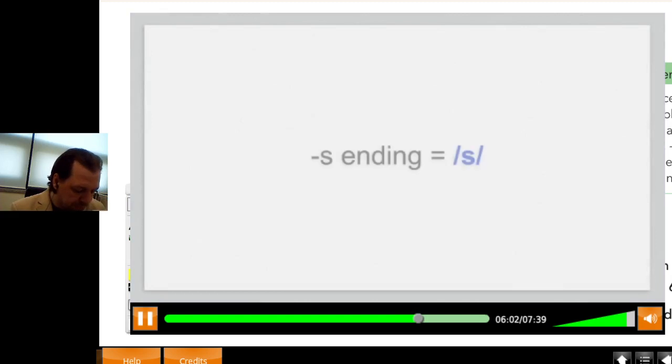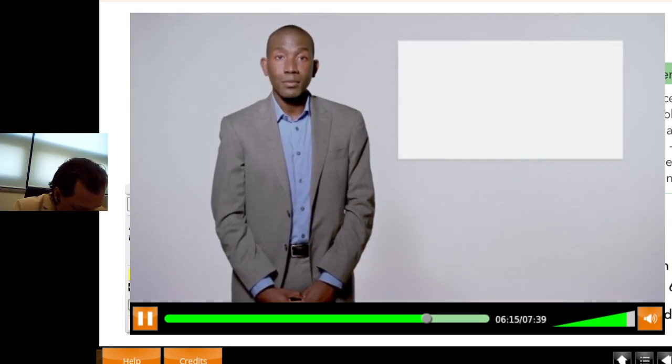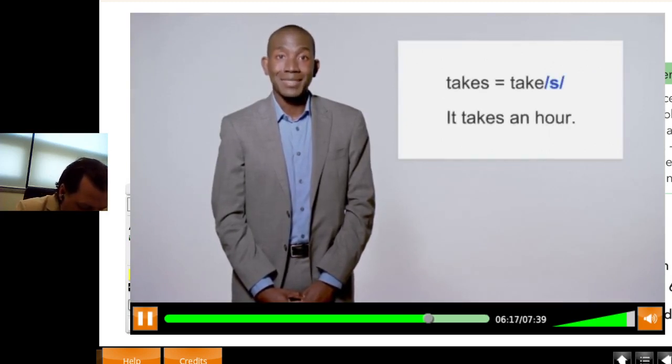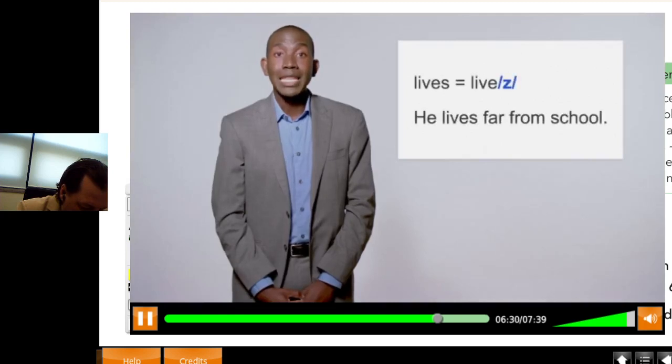In the following verbs, the s ending is pronounced s. Commutes. She commutes to work. Takes. It takes an hour. In verbs like lives, the s ending is pronounced z. Lives.